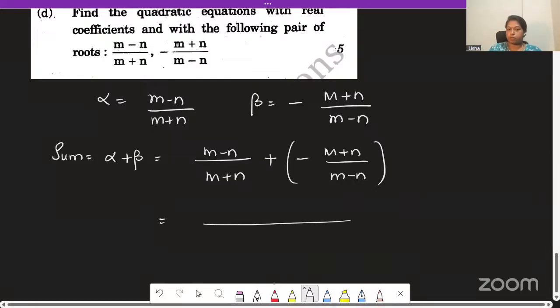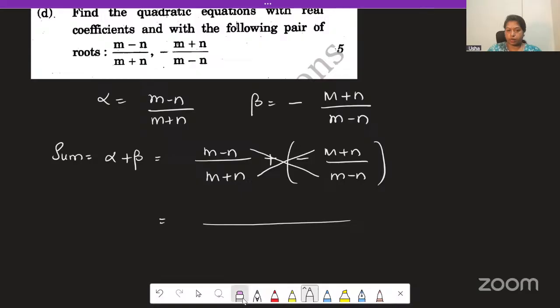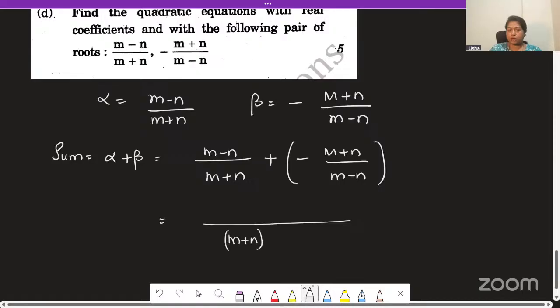To take the LCM, we multiply the denominators, and multiply each numerator with the other denominator. Whenever we have two fractions, this is what we do. So the LCM is m plus n into m minus n. Okay.